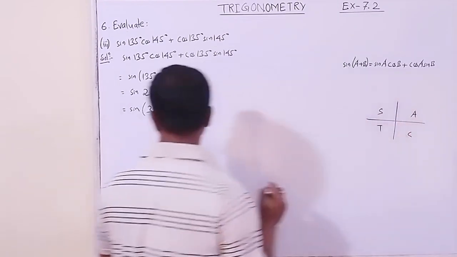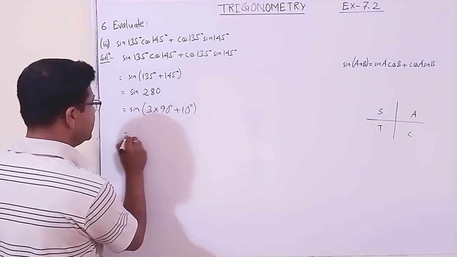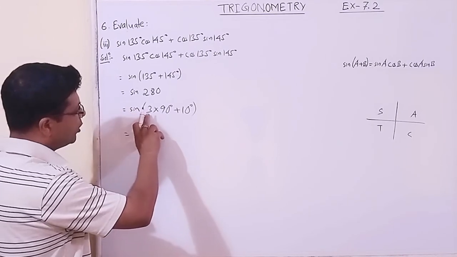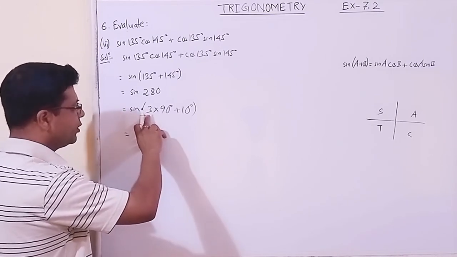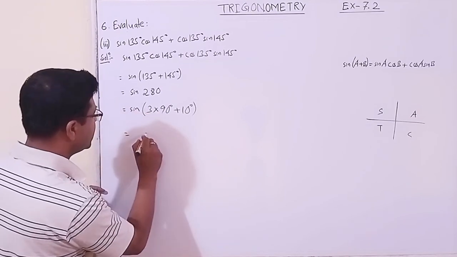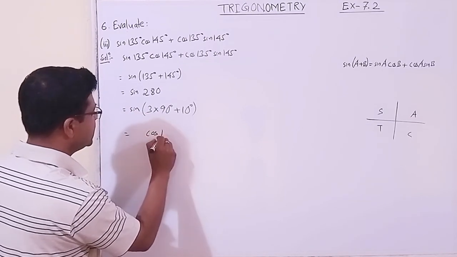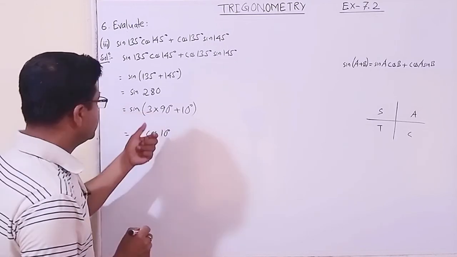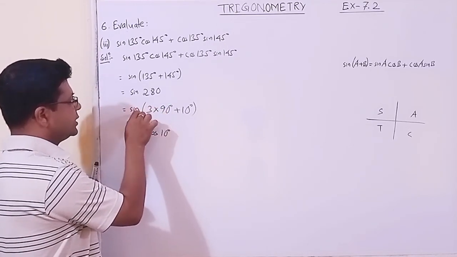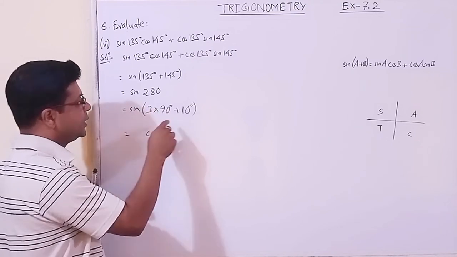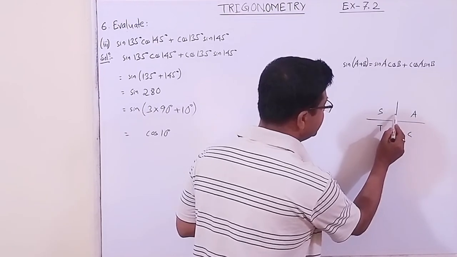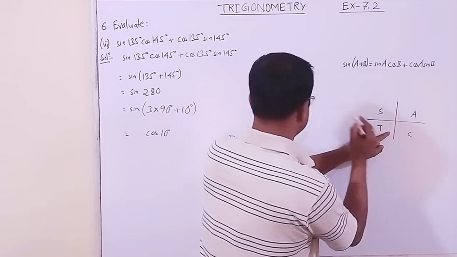ASTC. You see, first of all, we need that if this sine is in terms of an odd multiple of 90 degree, 3 is an odd multiple of 90 degree, then sine is converted to cos. Then we have to see this particular angle, in which quadrant does it lie? 3 into 90 means 90, 180, 270, then plus 10.